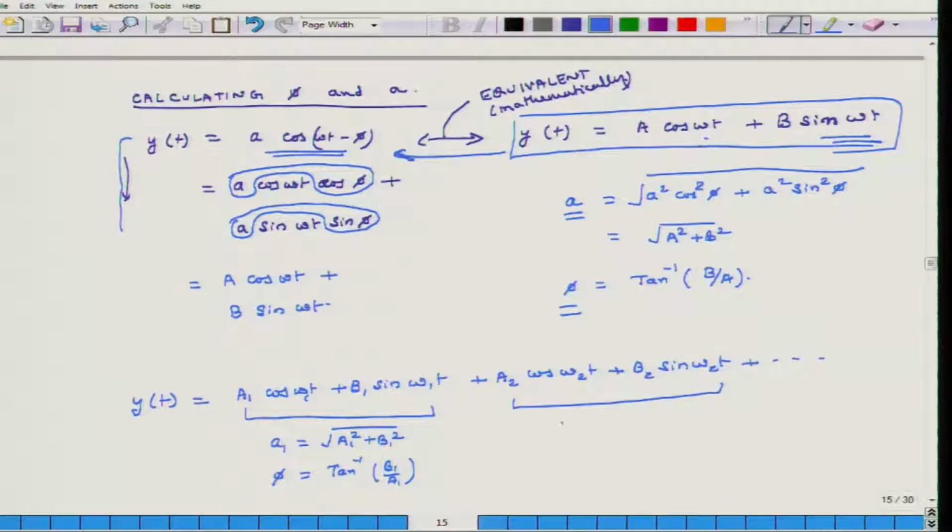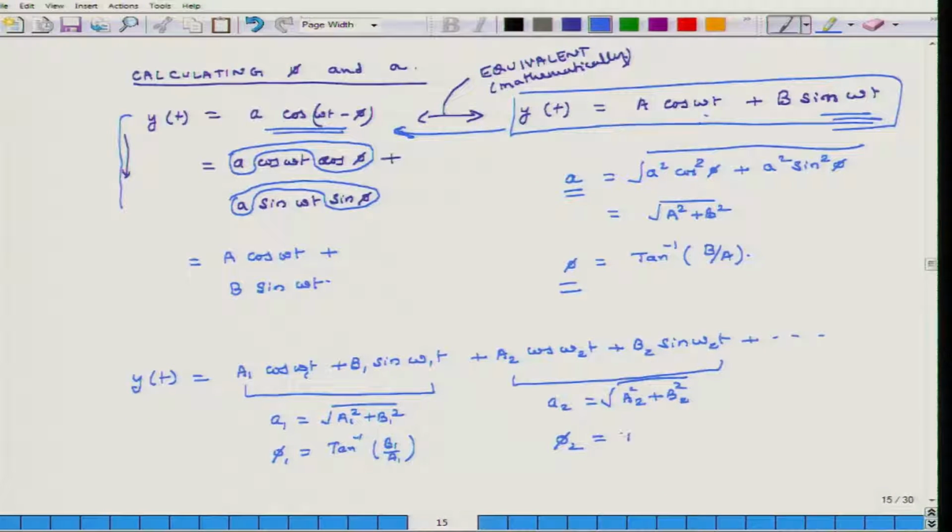For the second, the amplitude is the square root of a2 squared plus b2 squared, and phi 2 equals tan inverse of b2 over a2, and so on and so forth. Okay. All this understanding is very important, because when you go deeper into the time and frequency domains, you should understand where we are coming from and what it is that we are trying to do.